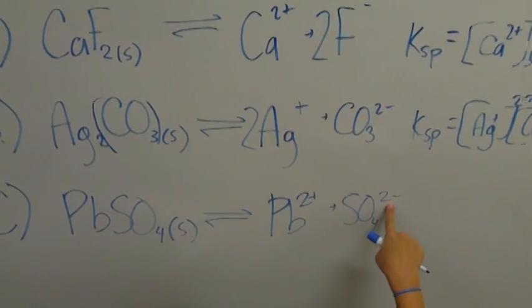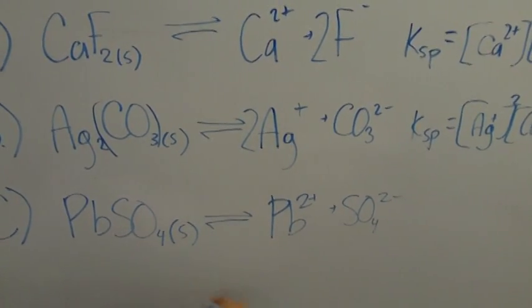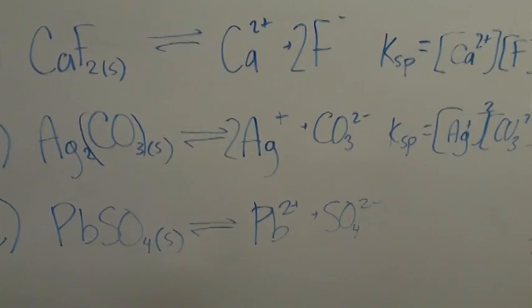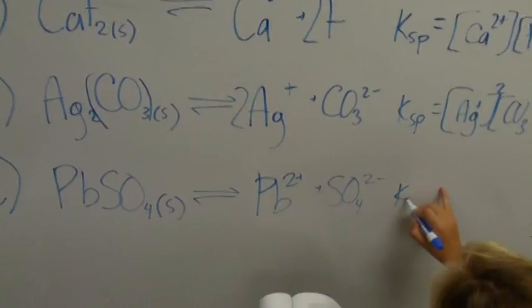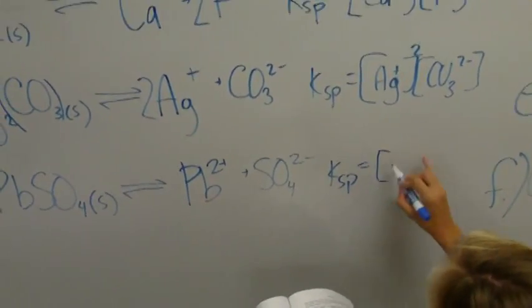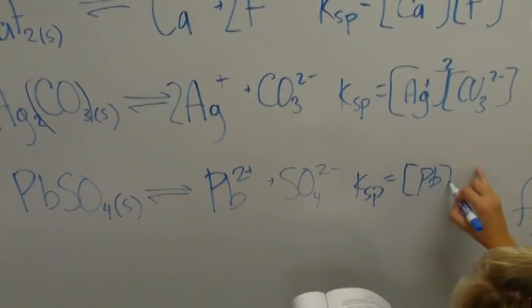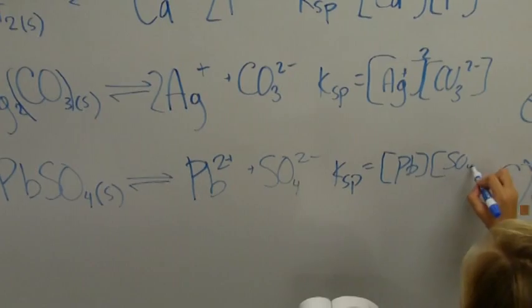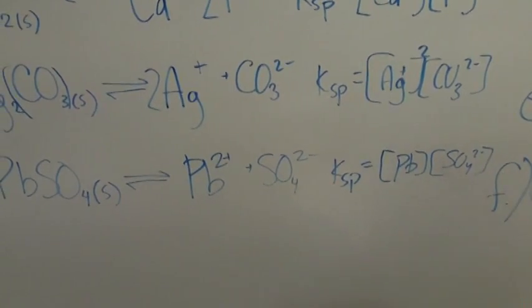We know sulfate has a -2 charge, and they're in a 1-to-1 ratio, so that's how we know that this is lead 2 instead of one of the other forms of lead. And both of them have 1 coefficient, so we just don't show those. They're just implied.